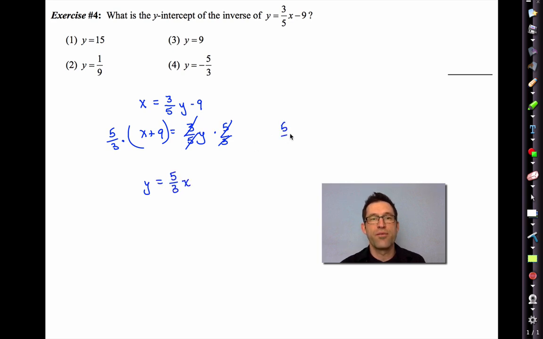Now we have to think about what 5/3 times 9 is. And that's plus 15. So the y-intercept is 15.